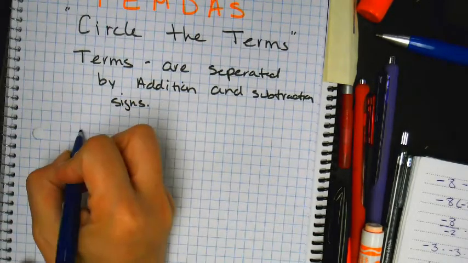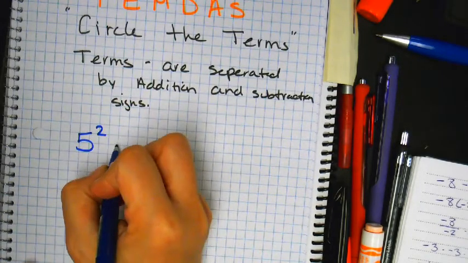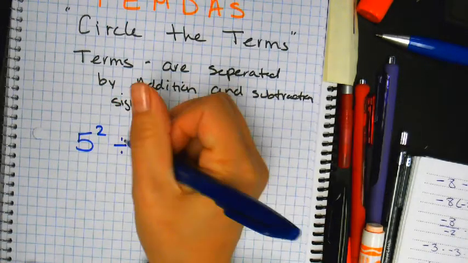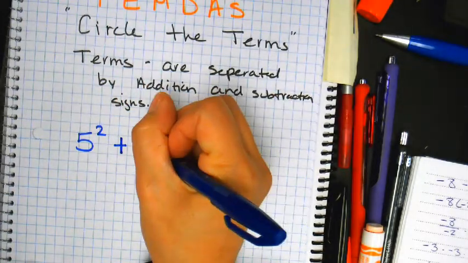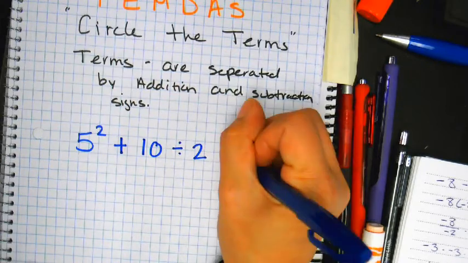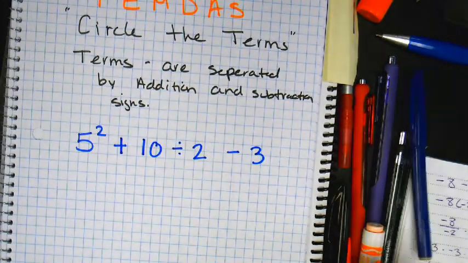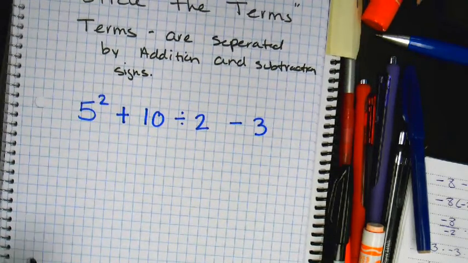So if we have 5 squared plus 10 divided by 2 minus 3. Terms are separated by addition and subtraction signs.